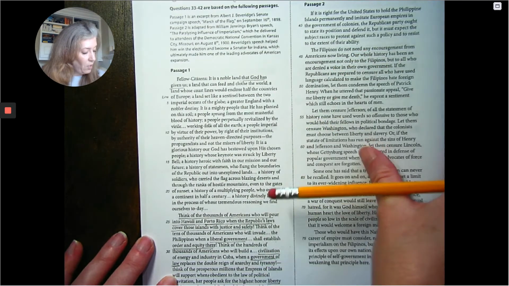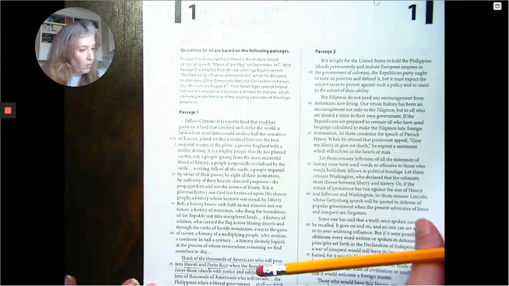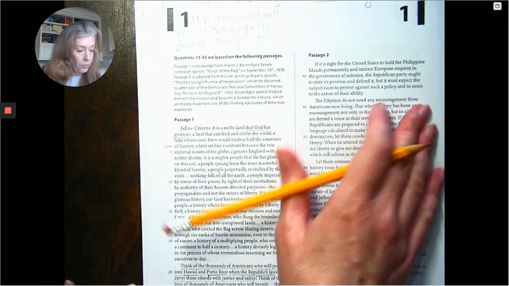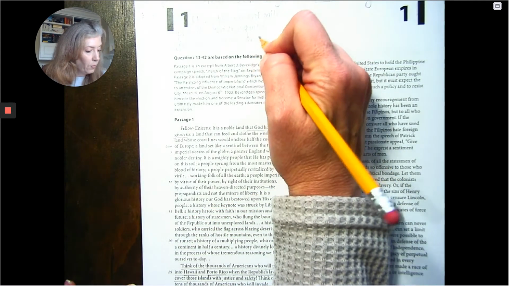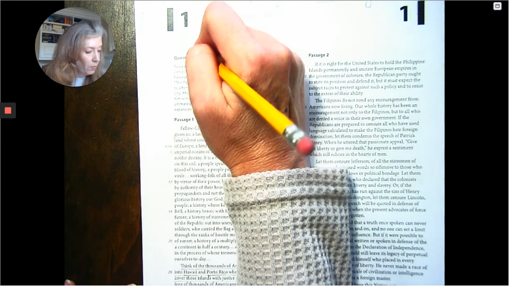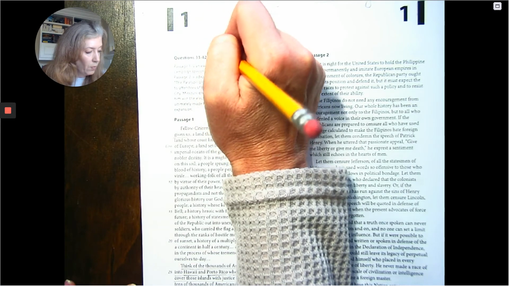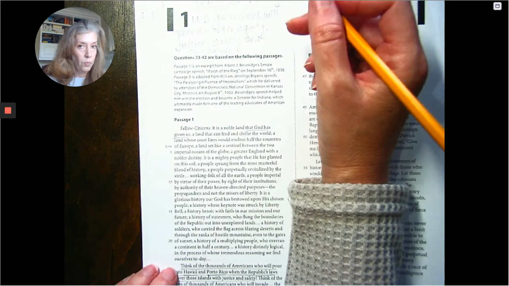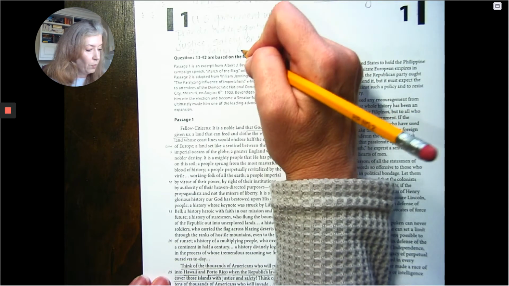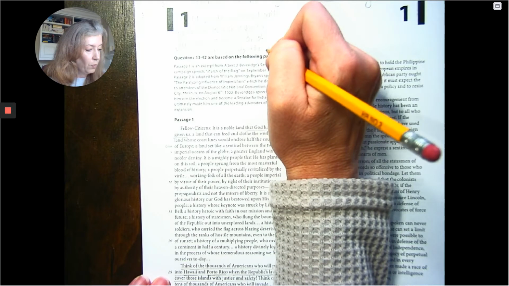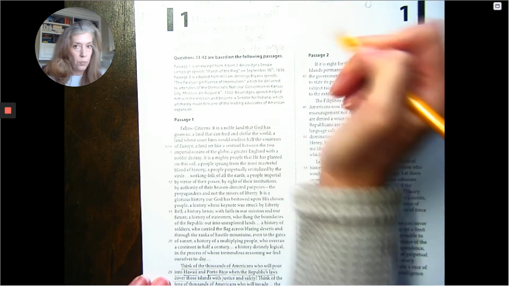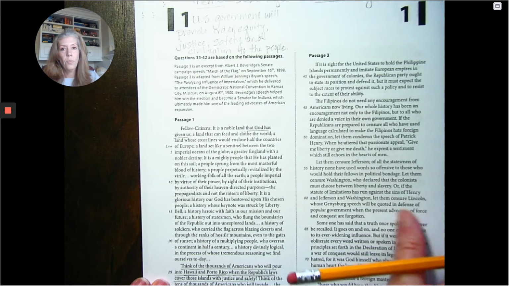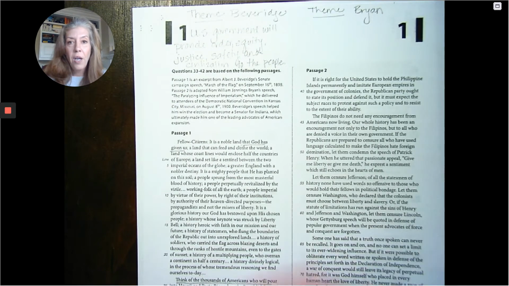And civilization to the people of Puerto Rico and Hawaii. So U.S. government will provide order, equity, justice, safety, and civilization to the people.